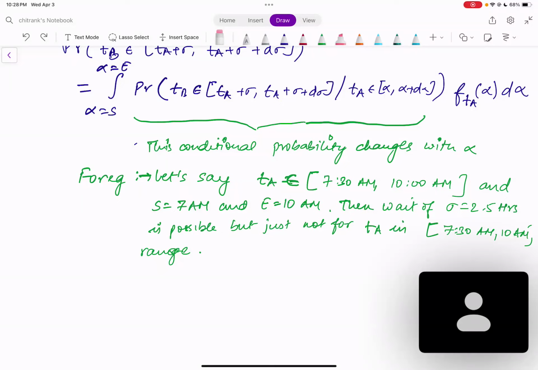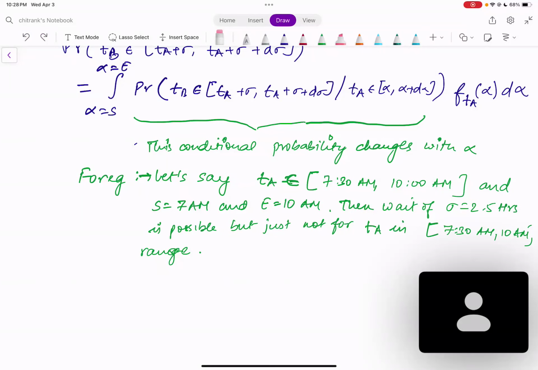Okay, but note that this is actually not possible for the particular TA that we are talking about. Why? Because if TA arrives in the range 7:30 a.m. and 10 a.m., then for sigma to be 2.5 hours, TB will have to be at least 10 a.m. So B has to arrive after 10 a.m., which is impossible because B can at max arrive at 10 a.m.